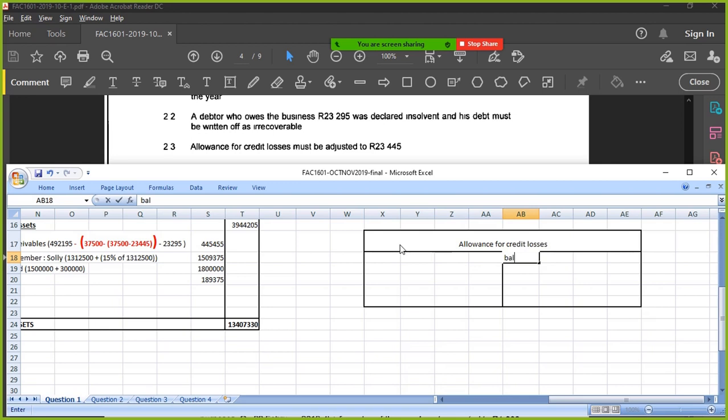The balance was 37500. It should be 23445.